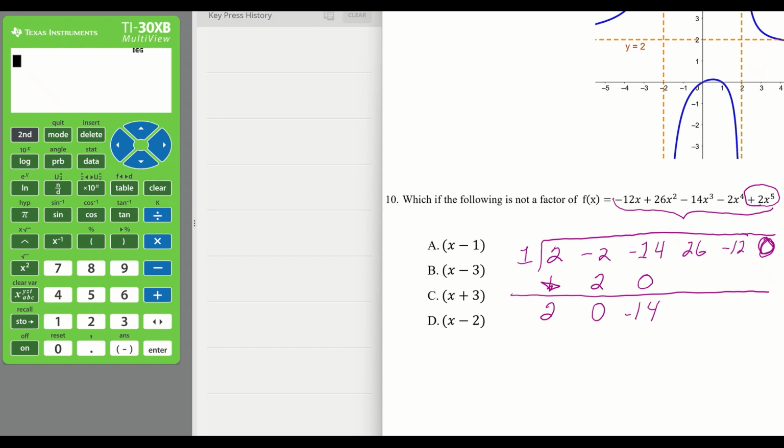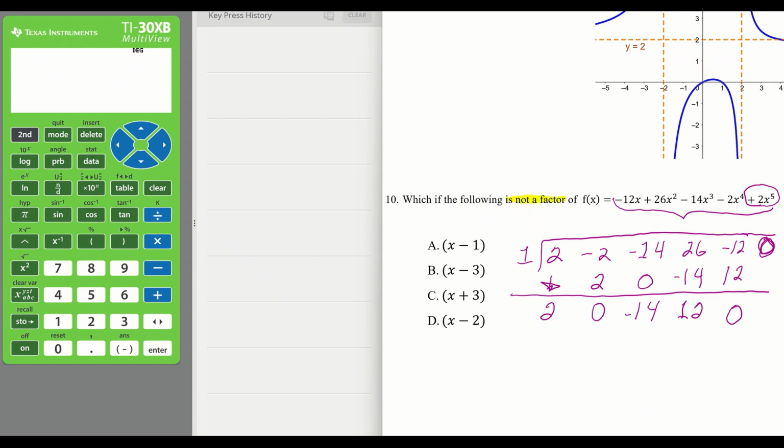And then 1 times negative 14 is negative 14. So we subtract that, and that's 12. And then we would have 1 times 12, and we put 12 here. And this is 0.